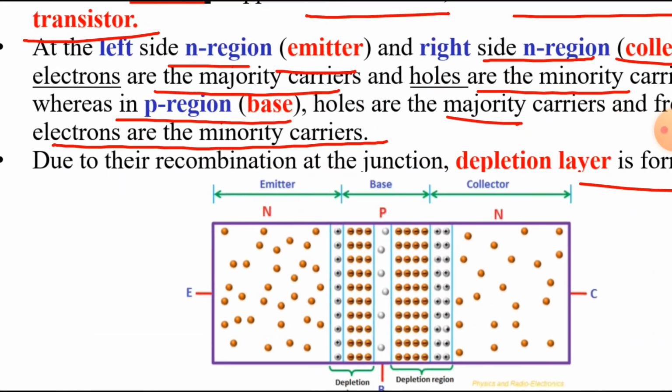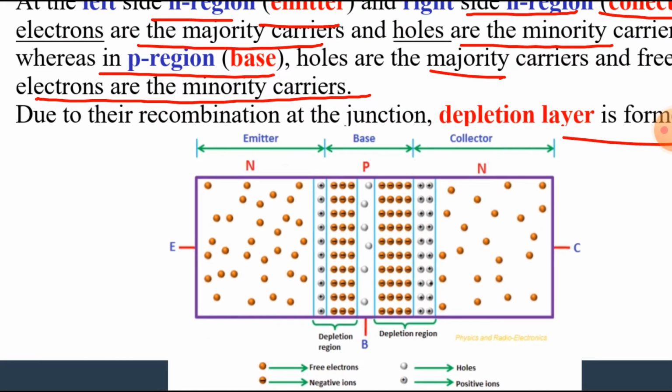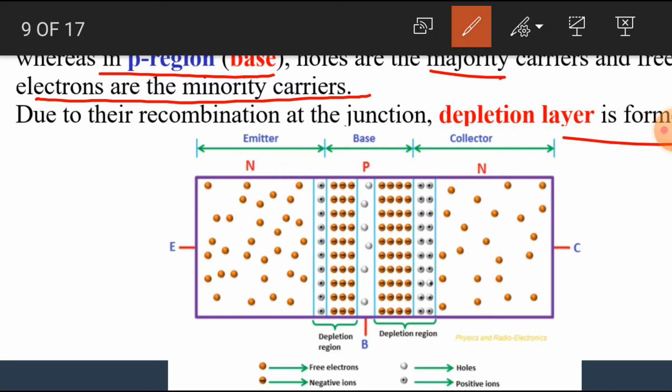That means here we can see the unbiased NPN transistor, where this area is emitter, this is base, and this is collector. Okay, the emitter is made up of n type semiconductor material. We know that in n type semiconductor material electrons are the majority charge carriers. Similarly here electrons are the majority charge carriers, but in p type semiconductor material holes are the majority charge carriers.